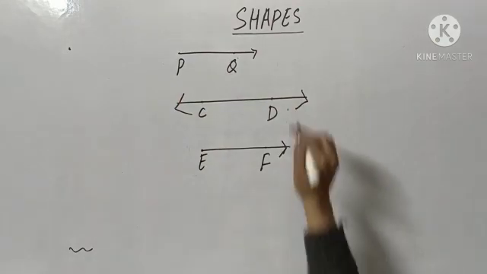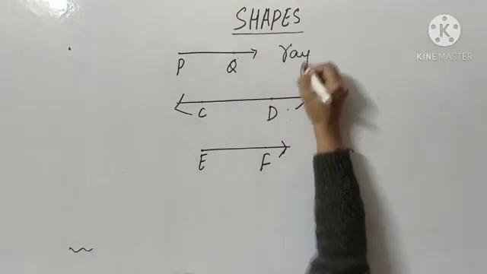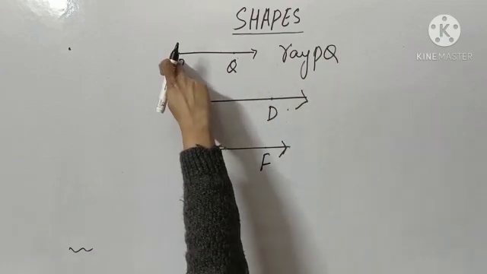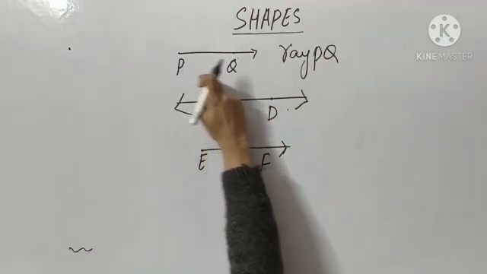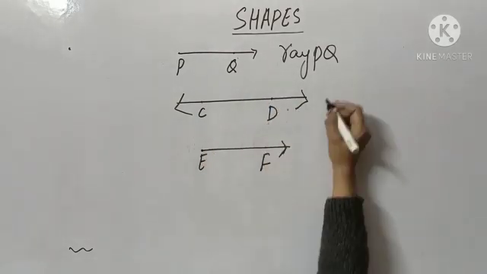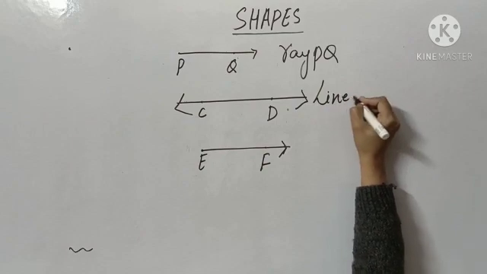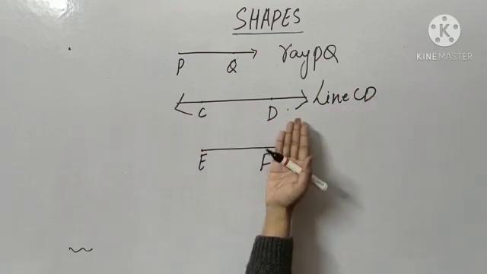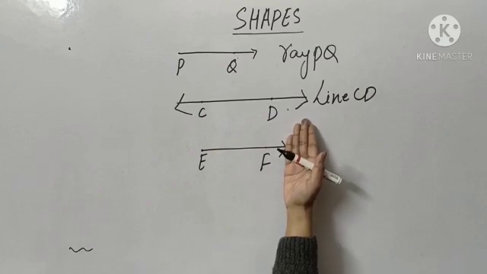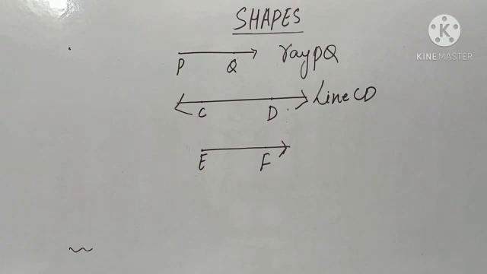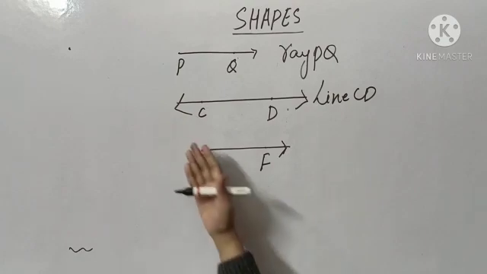This is my ray PQ. Why? Because it has one end point and it can be extended in the direction of Q. What is this? This is my line CD. How I know that this is a line? Because it is having arrows. It can be extended in both the directions, and line is only the one which can be extended in both the directions.